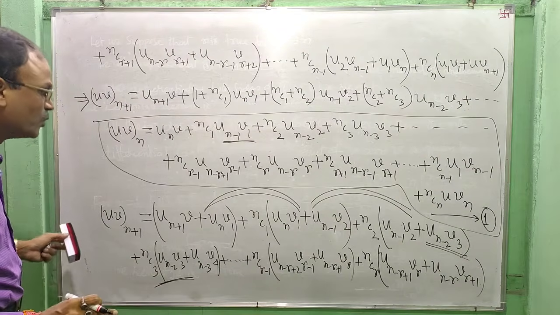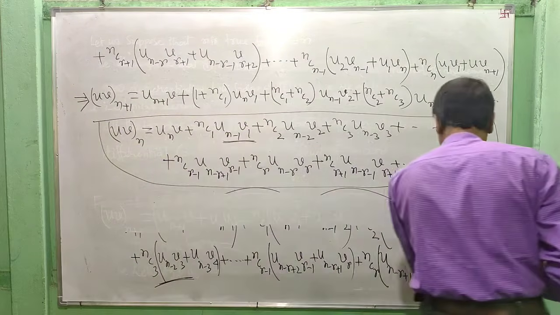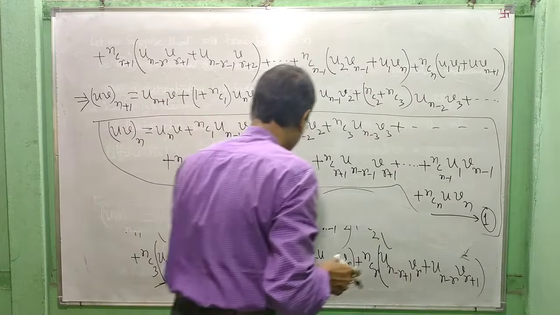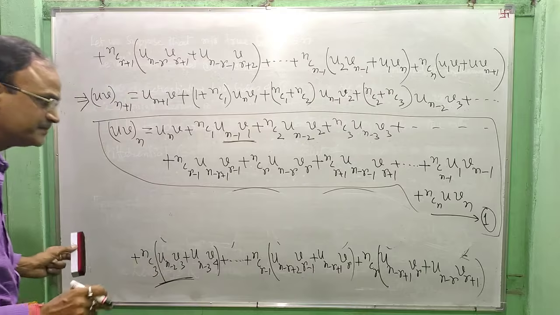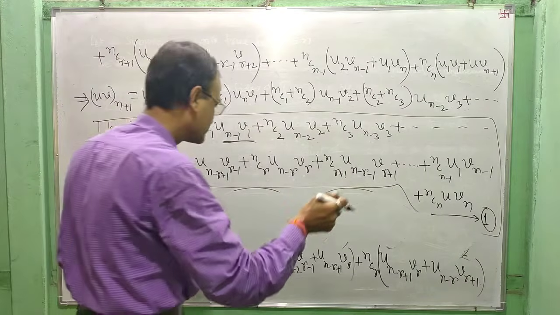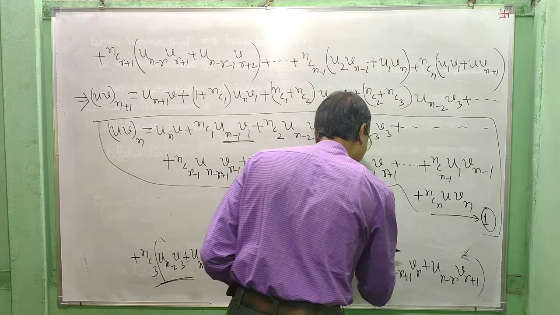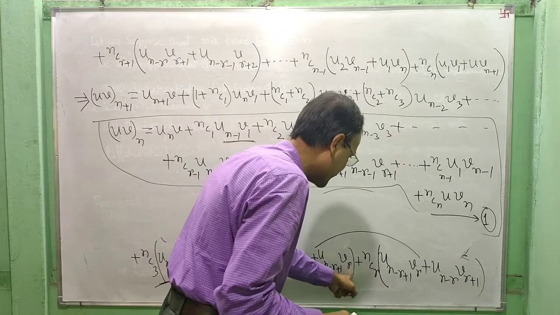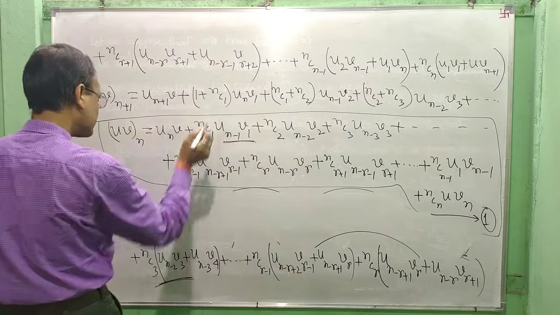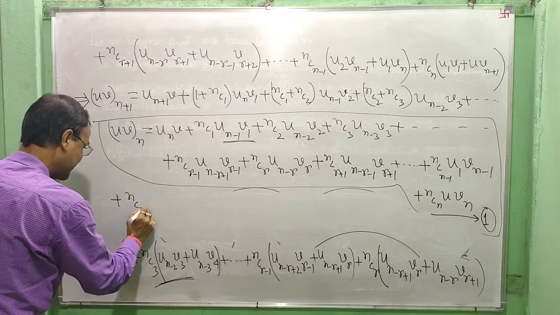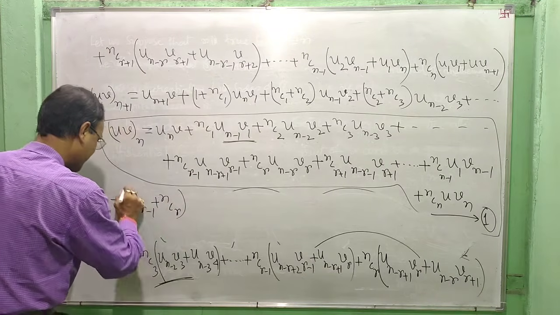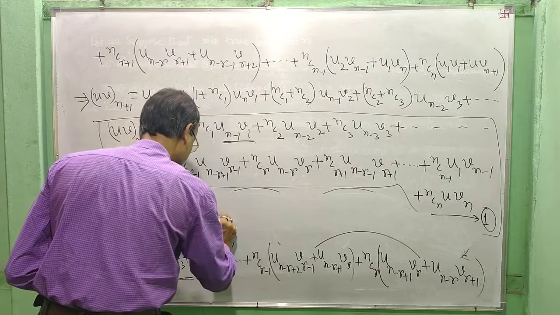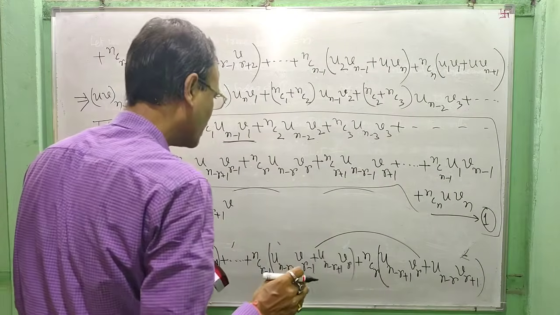Now we shall write here. Now write this term: u^(n-r+1) vr, plus (nC(r-1) plus nCr) u^(n-r+1) vr.